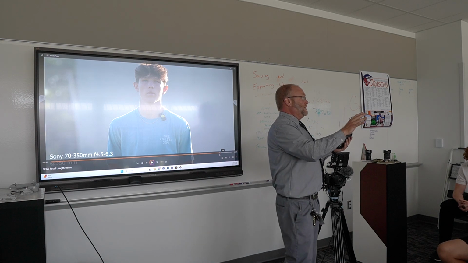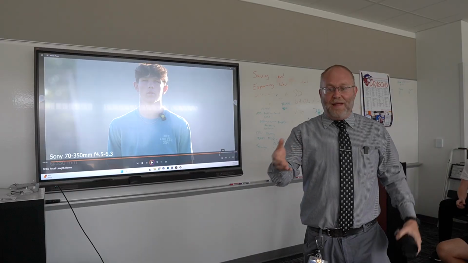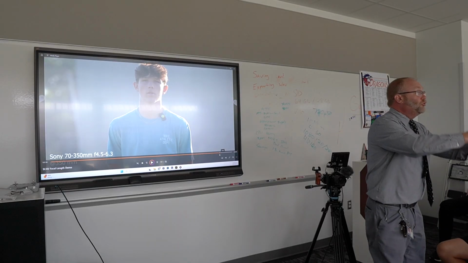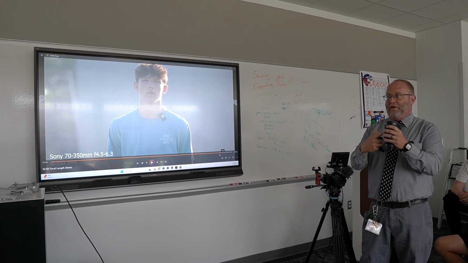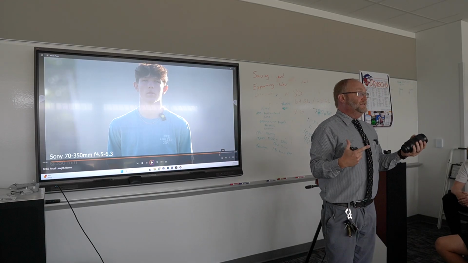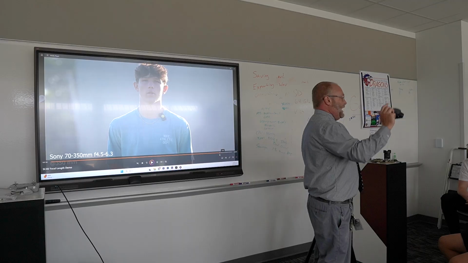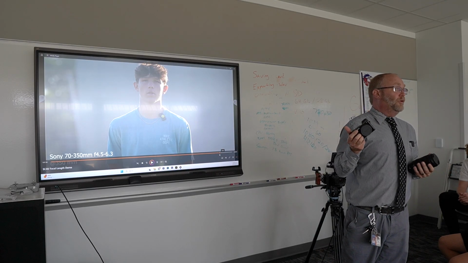Now, this is what I'm after: when it comes to cameras, camera bodies, sure, they matter. This is the thing that takes the picture. But when it comes to creating the look, creating the image, it's all about the lenses. Good lenses will last you forever. Camera bodies get broken or go obsolete really quickly.